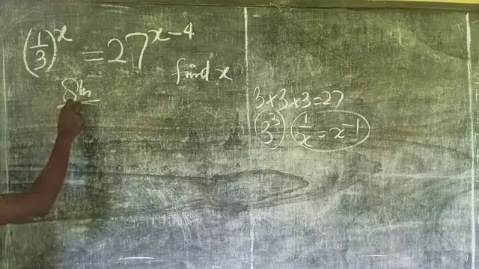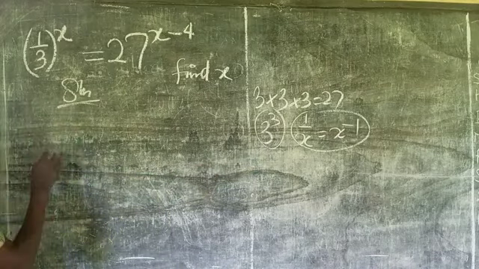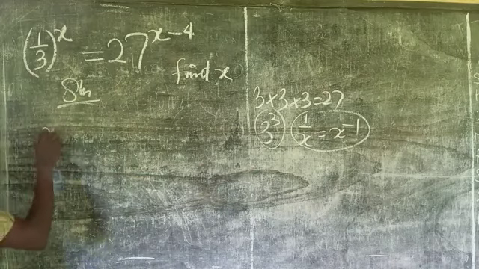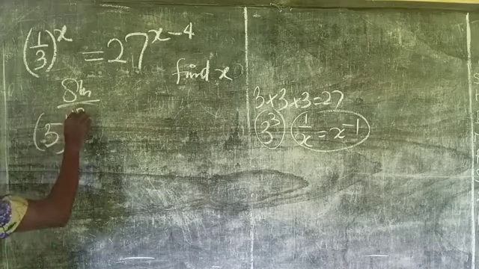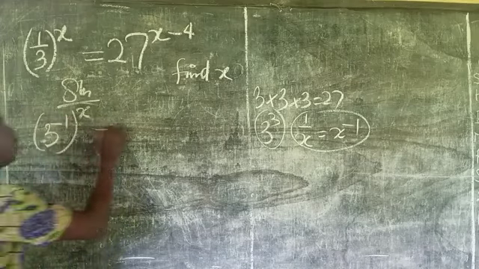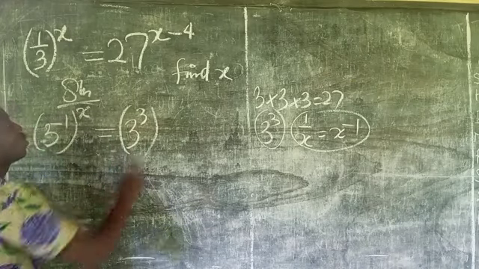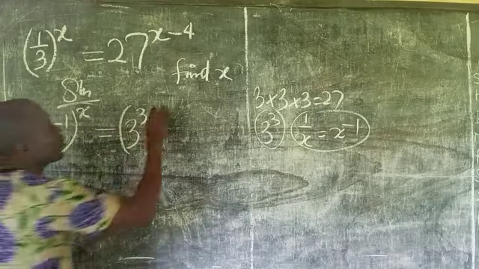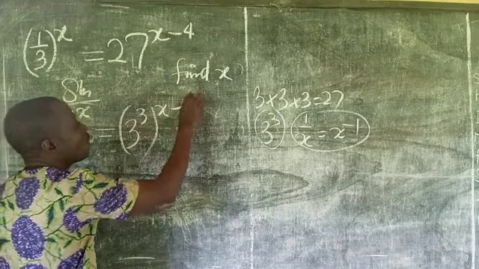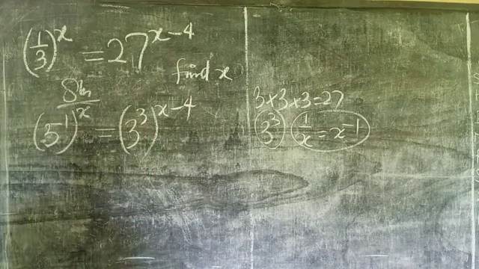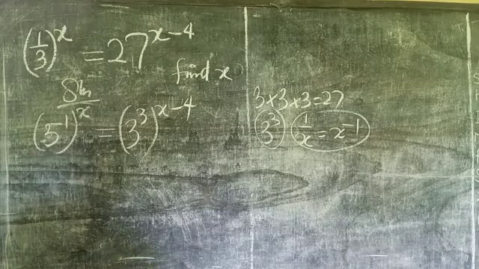We're going to say from here we have (3^-1)^x equal to (3^3)^(x-4), which is 27 raised to power x minus 4. We're going to ensure that the bases are the same.